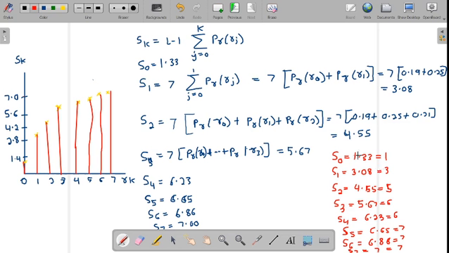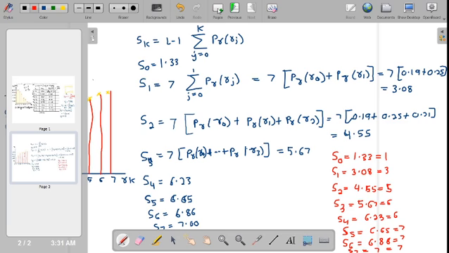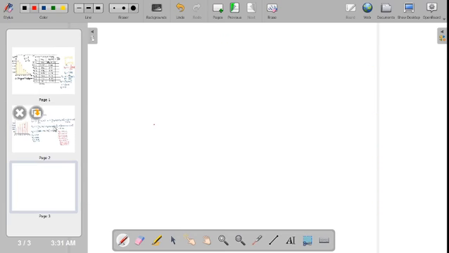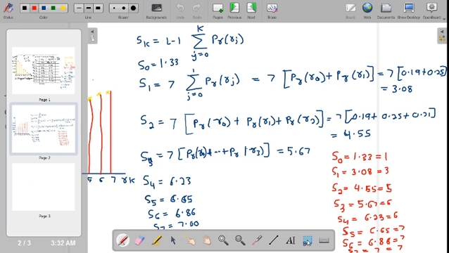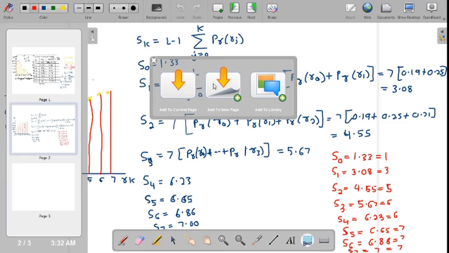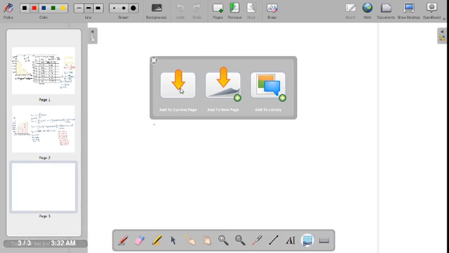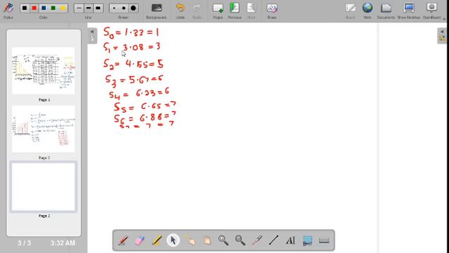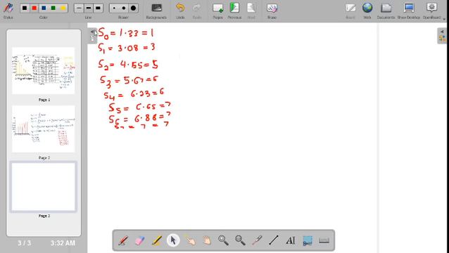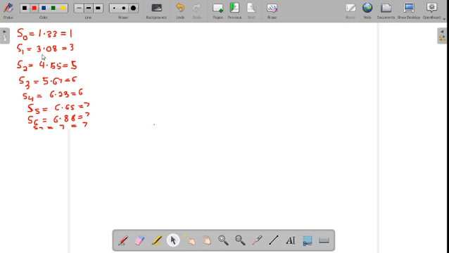Okay, now let us consider there are only 5 distinct values. Just write down next.